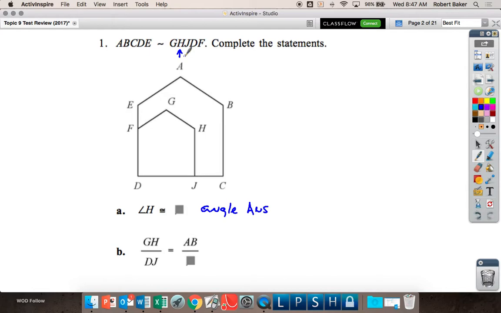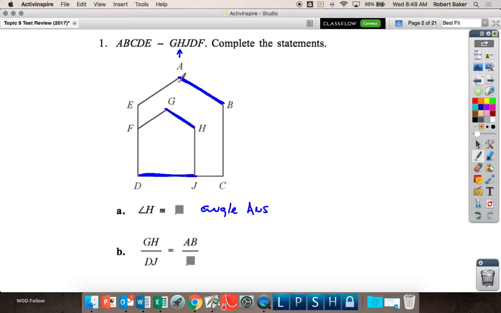For part B, you have GH, which is this piece right here, which is proportional to DJ. So that's like roof over basement is equal to AB, which is the roof of the big house, over the basement of the big house.